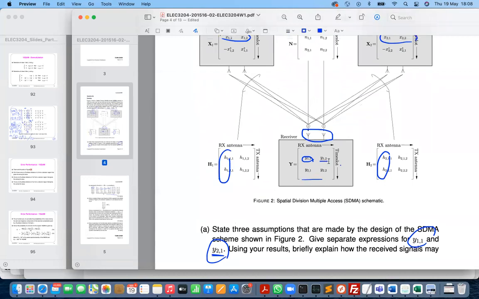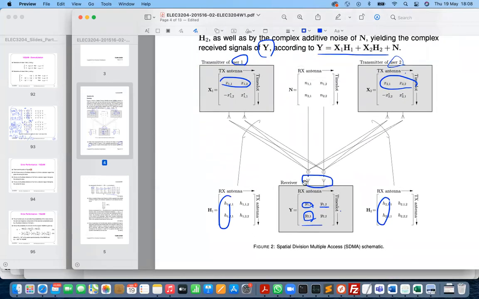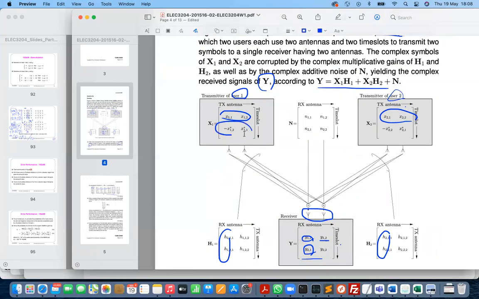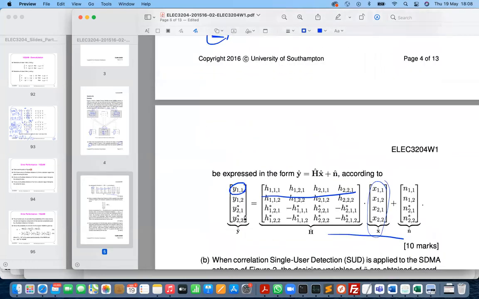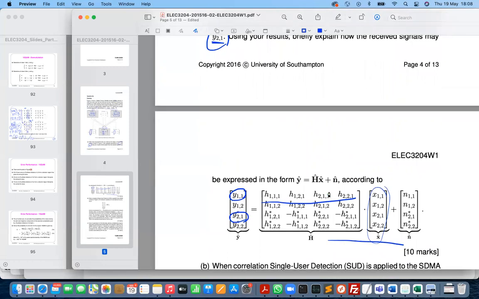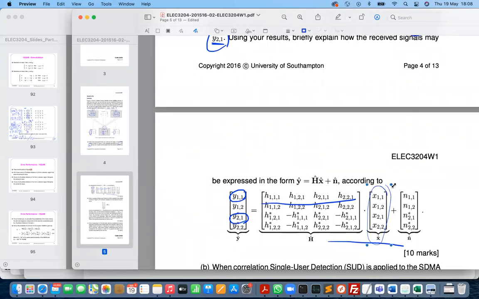I have y21 here, which is the second row and the first column. So you have the second row of x1 multiply the first column, and then the second row multiply the first column. And for y21, we need to take the conjugate because we want the transmission vector to be in the same form as the first one.